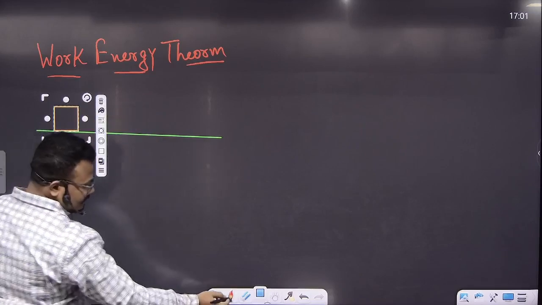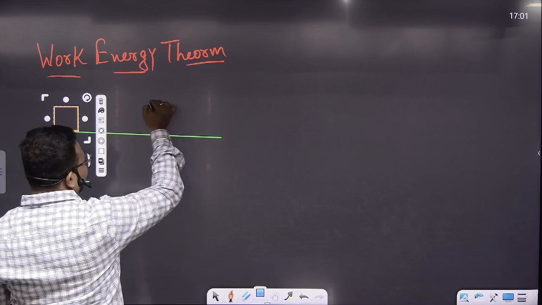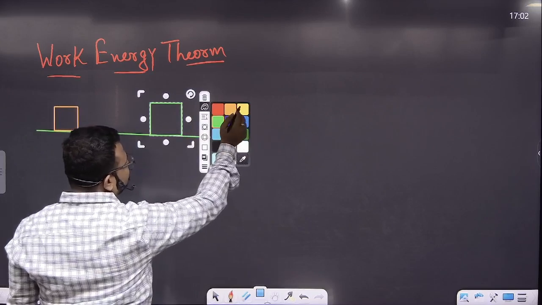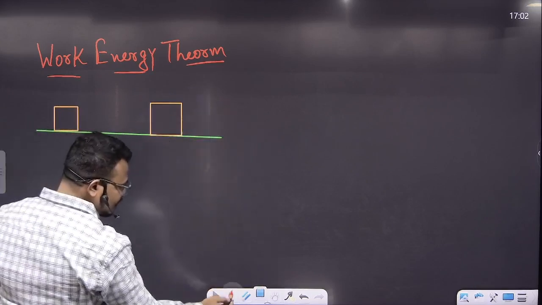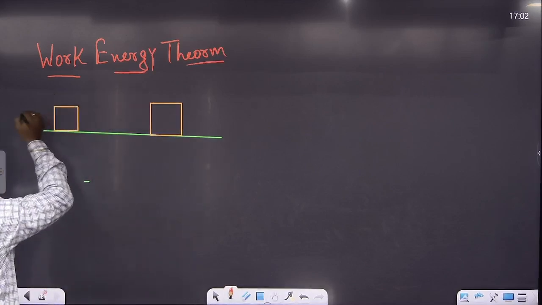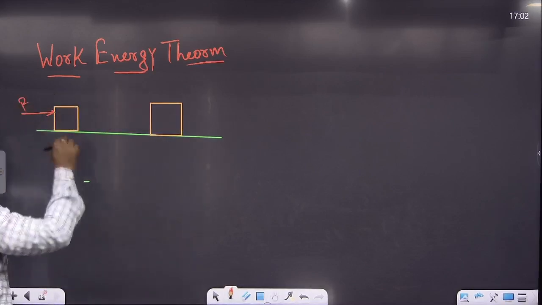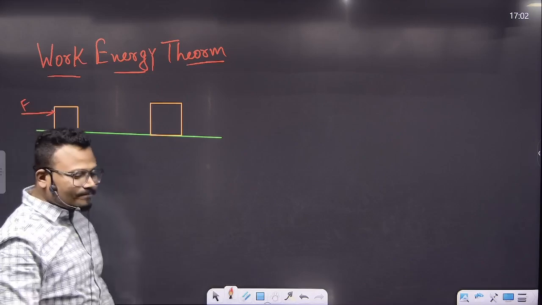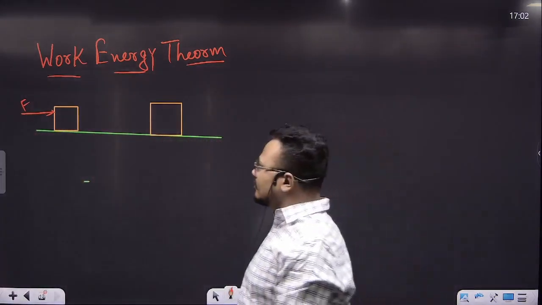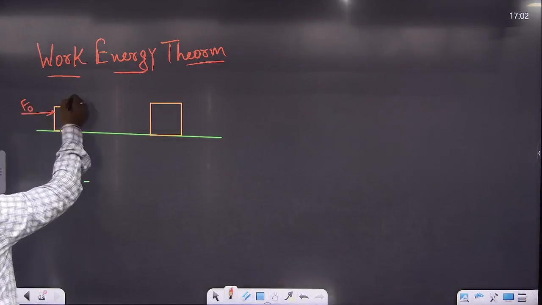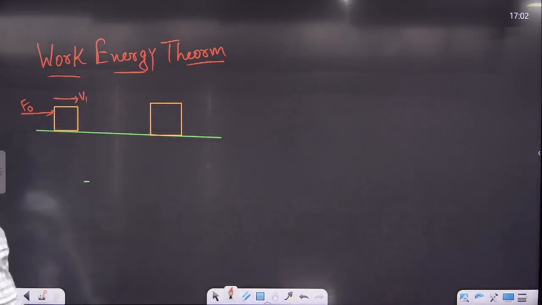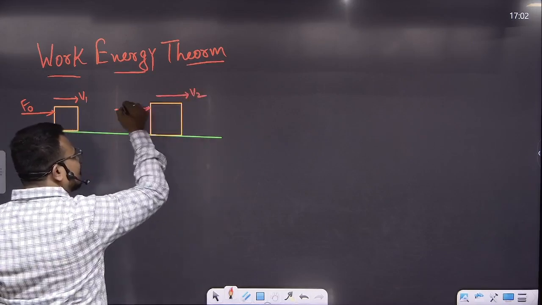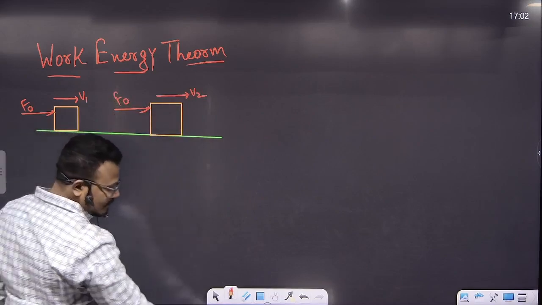Another mass is here, also in yellow. On this I have applied a constant force F naught. Initially it has some velocity v1, and finally it has some velocity v2.